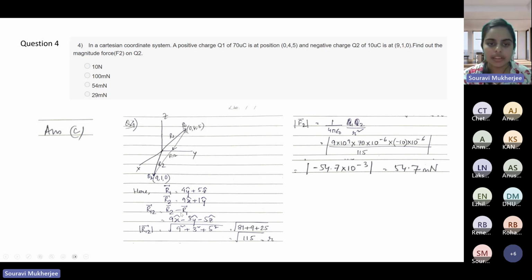The moment you consider the unit vector along the separation vector, that is how you are bringing in the direction of your force, and that gives you the vector representation. So you know the magnitude, and along with that you write an r cap term, and r cap is given as r12 divided by its magnitude. That would give you the net vector representation.